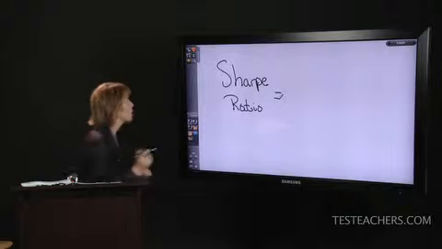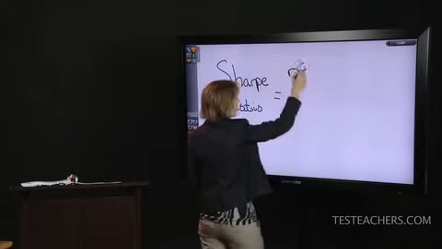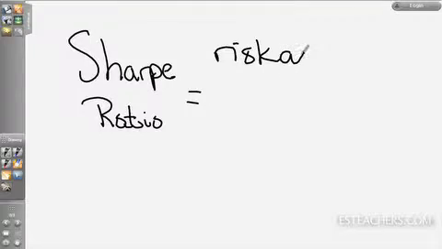The Sharpe ratio allows us to see if the higher returns found in a portfolio are the result of better portfolio management or too much additional risk. So the Sharpe ratio helps us to measure, remember this is always on the test, risk-adjusted return.